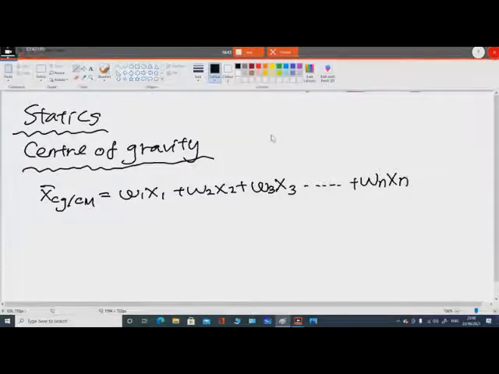So this w is the number of atoms. So x is the coordinate for the point where that mass is located.